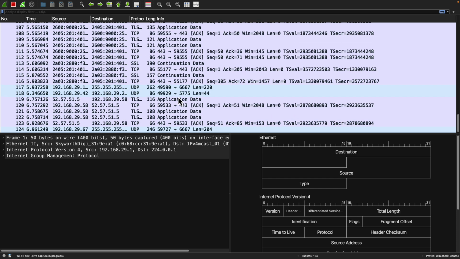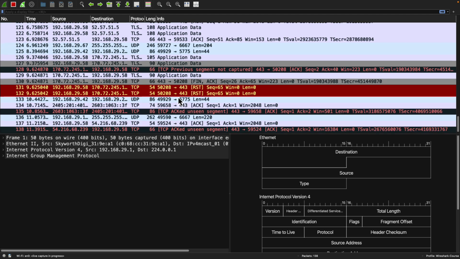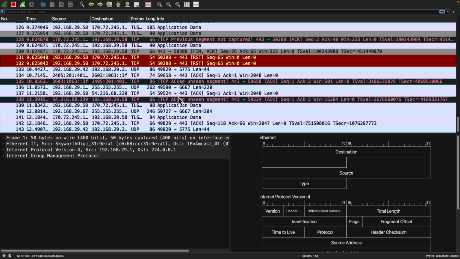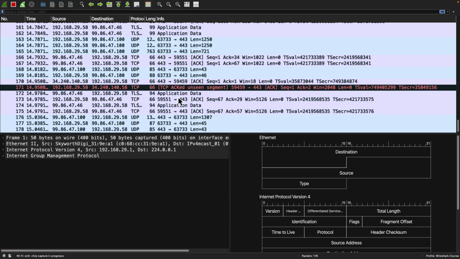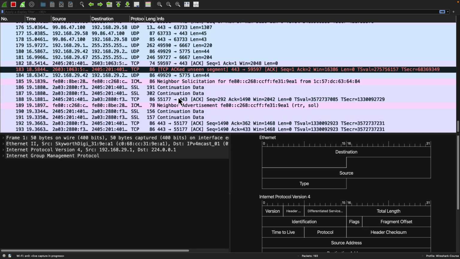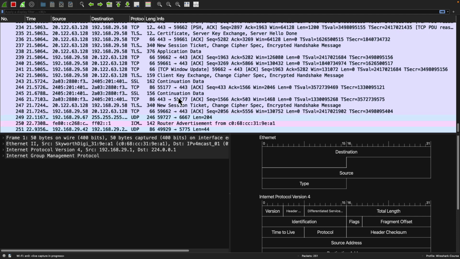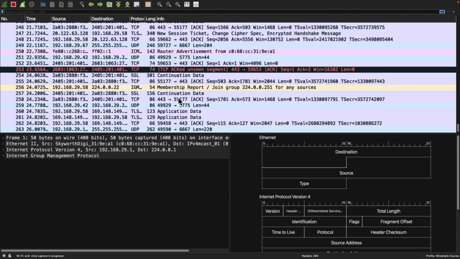This is one of the most interesting problems every network engineer sees: whenever they see Wireshark, there are lots and lots of packets. How can we find a particular packet in which we are interested? Believe me, this is what I'm going to talk about in the upcoming 5 more classes of this course.